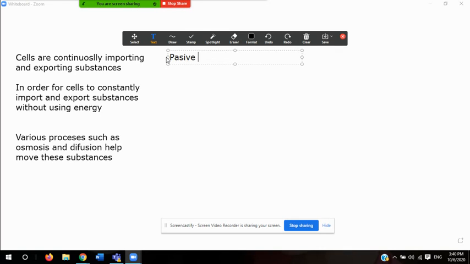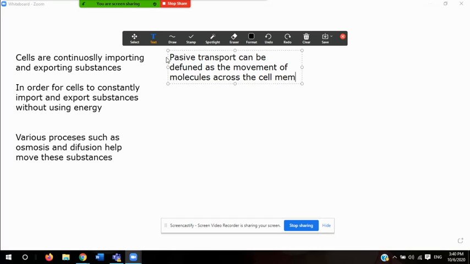So let's first define what passive transport is.